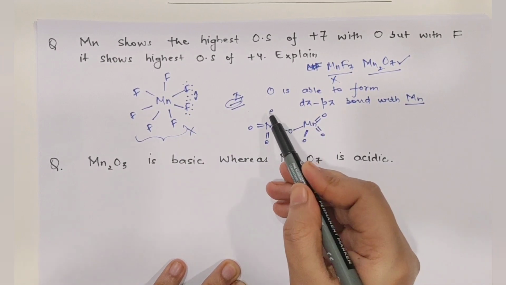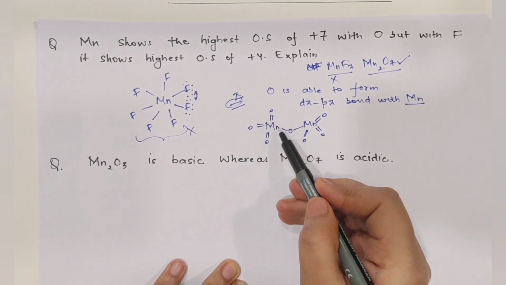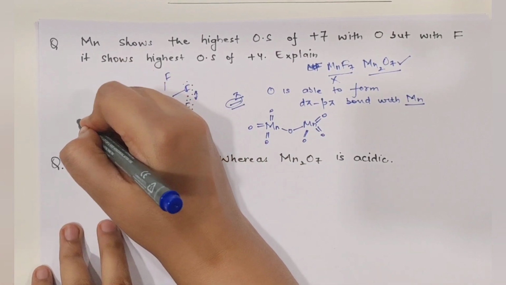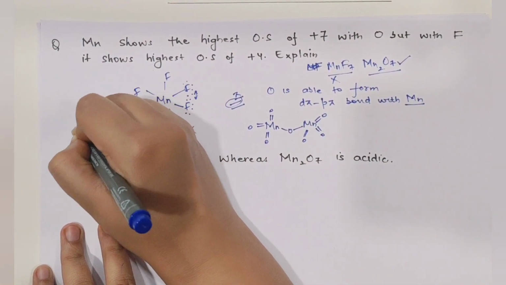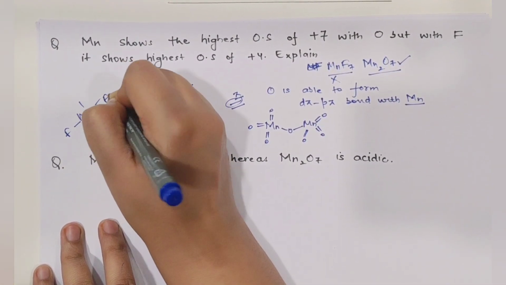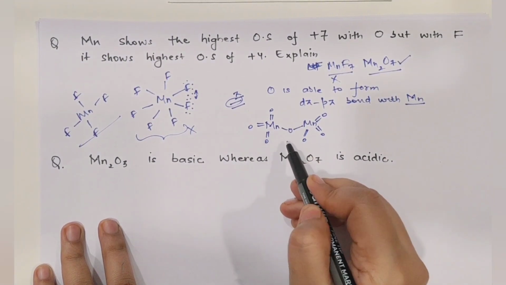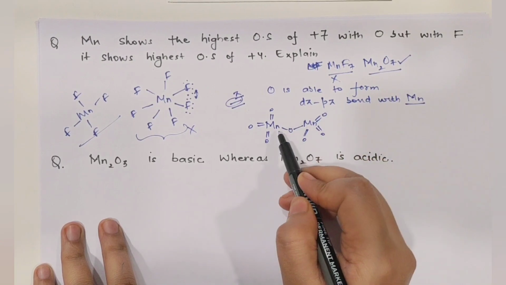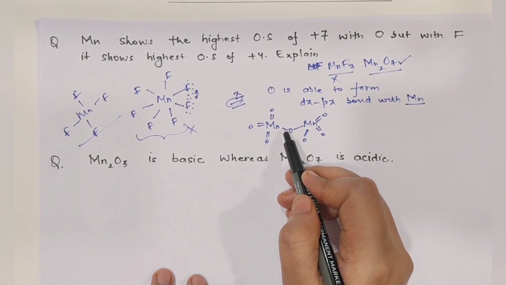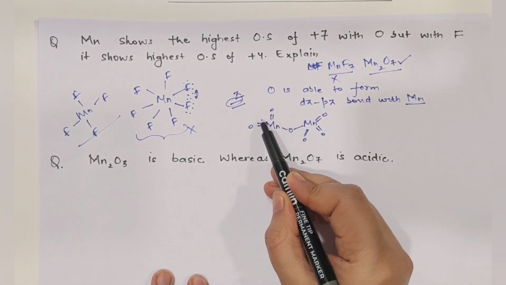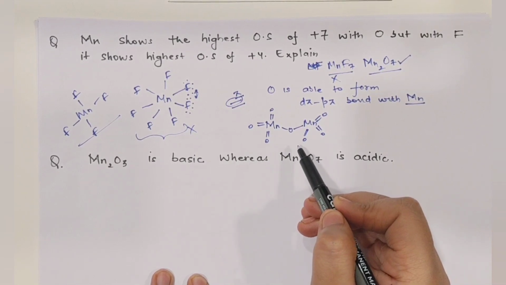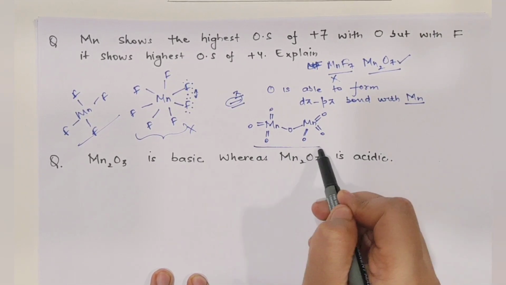Manganese can accommodate a coordination number of 4. So MnF4 is possible, but not beyond that. Okay, Mn2O7 is possible because even when it has oxidation state +7, it has only 4 atoms around it. Which means that there's not as much crowding, which means this can be formed.